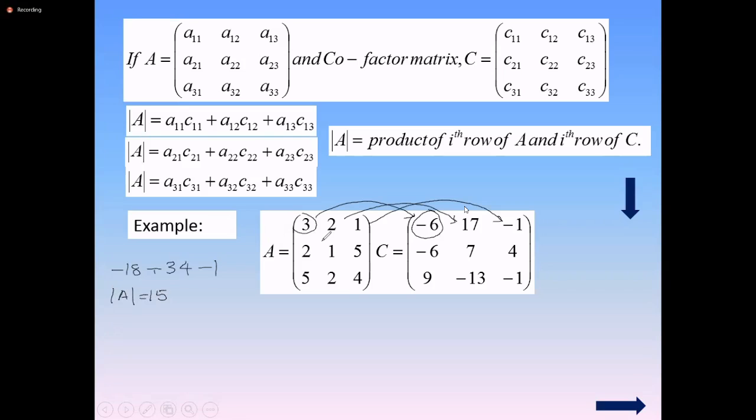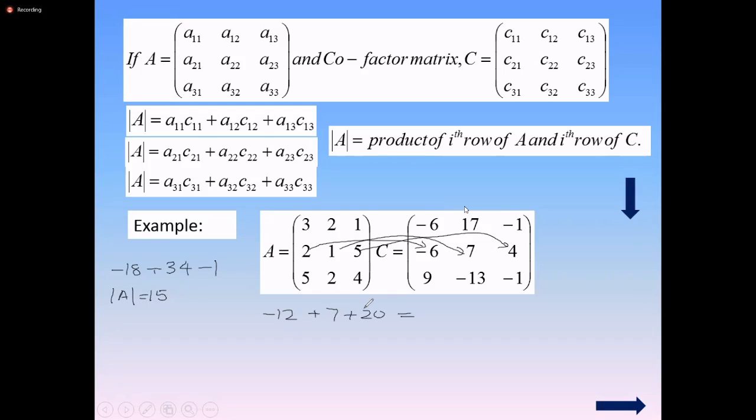If you select the second row instead, the second rows of these two matrices: 2 multiplied by minus 6 is minus 12. 1 by 7, 7. 5 by 4, 20.